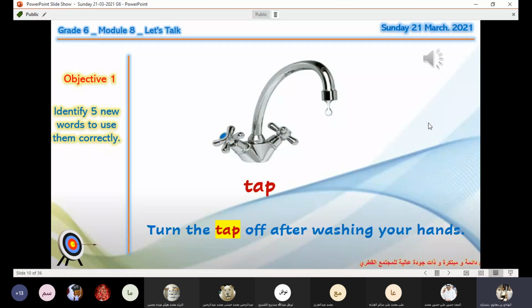Okay, so turn the water tap off after washing your hands, right? So please don't keep the water tap running. So you must turn it off after washing your hands.